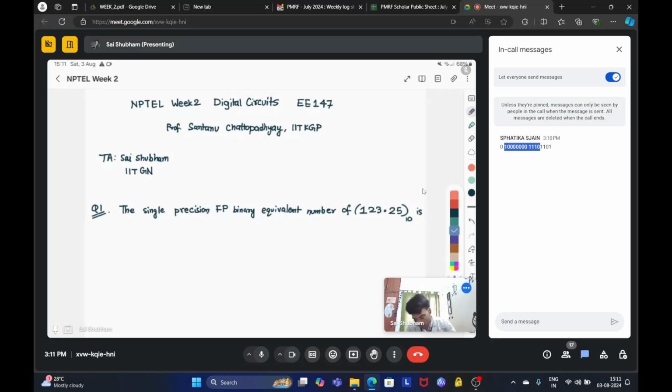So in case of single precision, the size of the exponent will be 8 bits. In case of revised 14-bit representation, the size of the exponent will be 5 bits. So I will discuss the solution now.